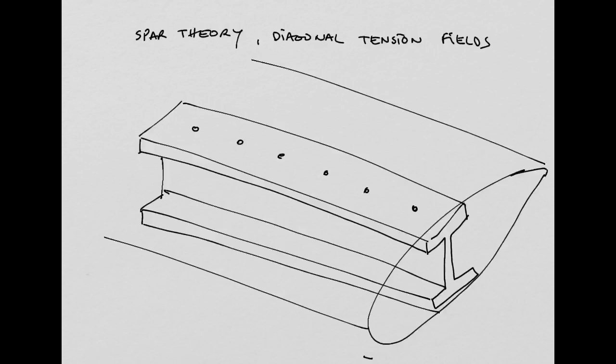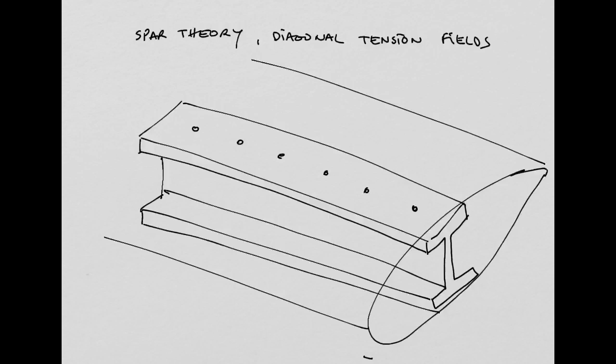You bond these two with rivets, for example. And basically this big beam that you have running longitudinally along the wing is going to be responsible for carrying the major load, the lift, right?